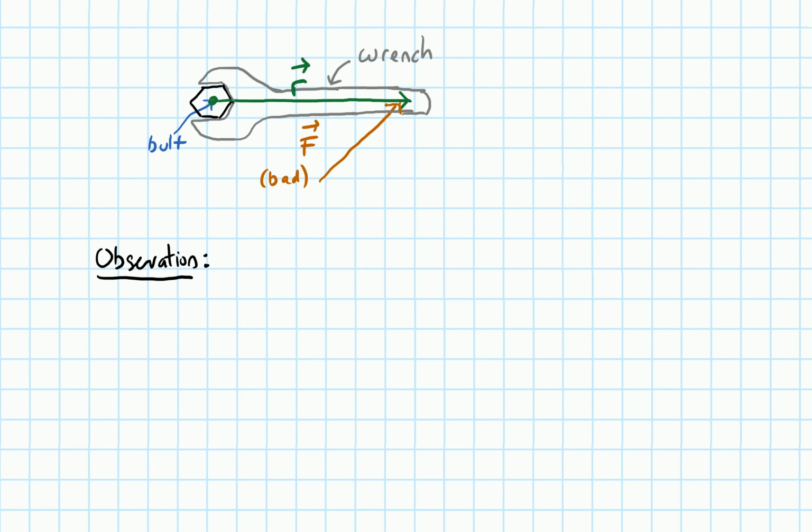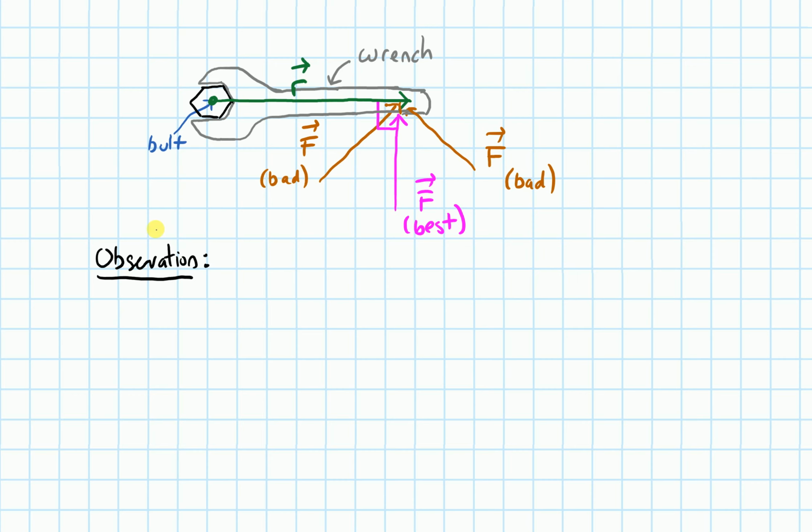That's a bad direction to be applying force in. Similarly, if we were to come in at an angle on this side and apply a force this way, that's also not ideal. The best direction to apply that force would be at a 90-degree angle, because it's going to maximize sine of theta and make sine of theta equal to 1.